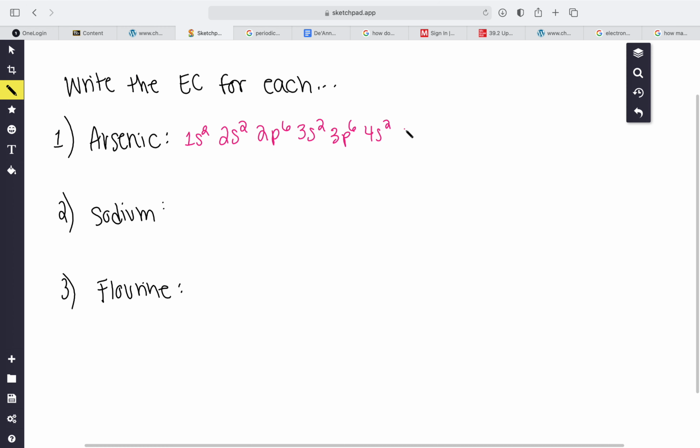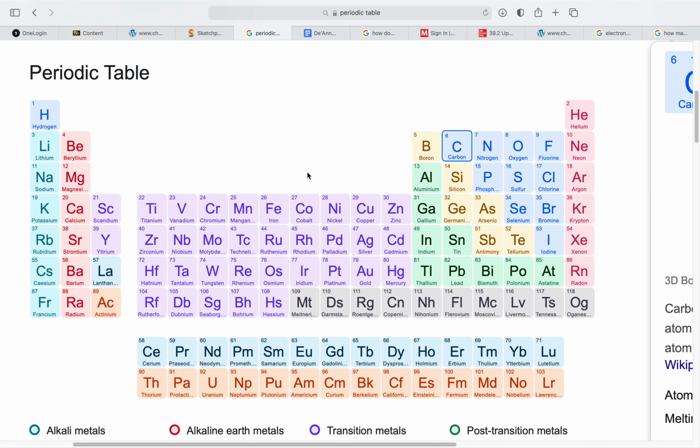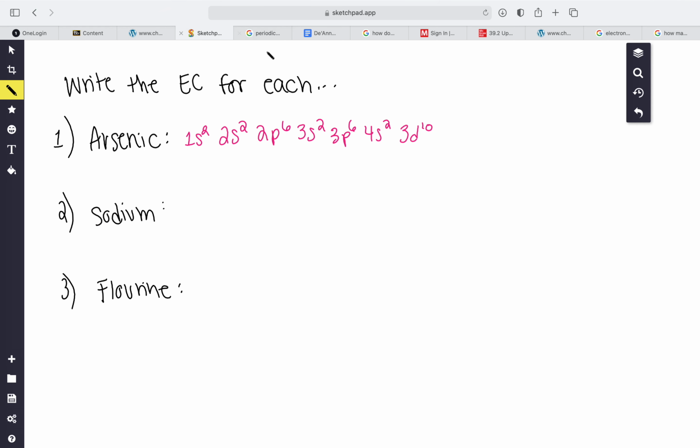So it's going to go to 3d10, because that's completely filled. You can count that there's 10 electrons because there's 10 elements: 1, 2, 3, 4, 5, 6, 7, 8, 9, 10. And then we move on until we get to arsenic, where we have 3. So we have 4p3. And that would be the electron configuration for arsenic.